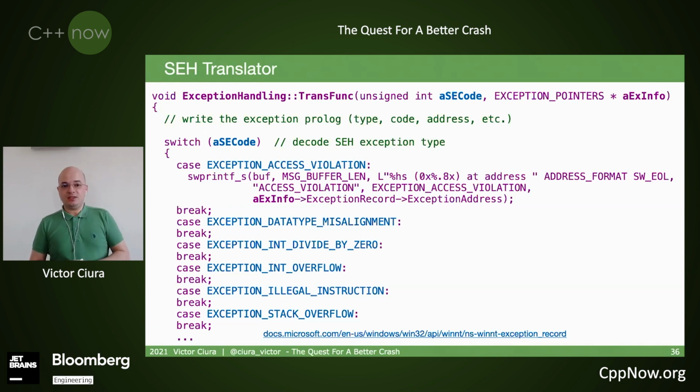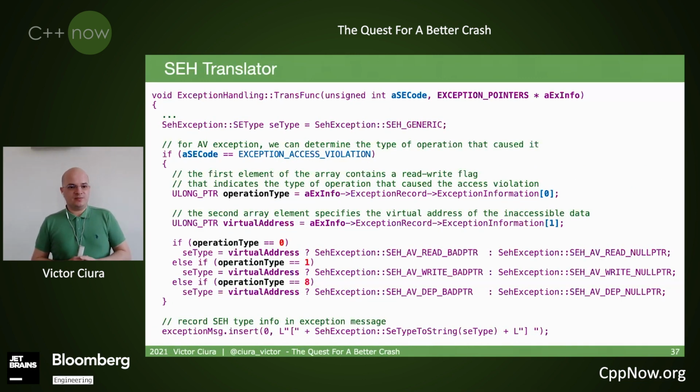So again, this CRT callback that we can implement, we receive the exception code that tells us what kind of fault occurred. For example, it might be a page fault or an overflow or something like that. And the context that we can retrieve from this exception pointer structure. And from this, I'm going to show you how you can reconstruct all the information needed to actually build something meaningful out of these dry structures.